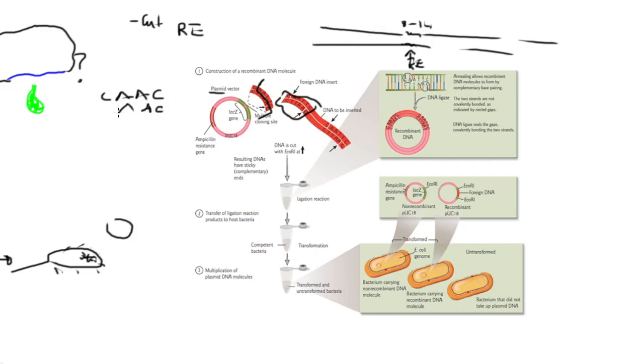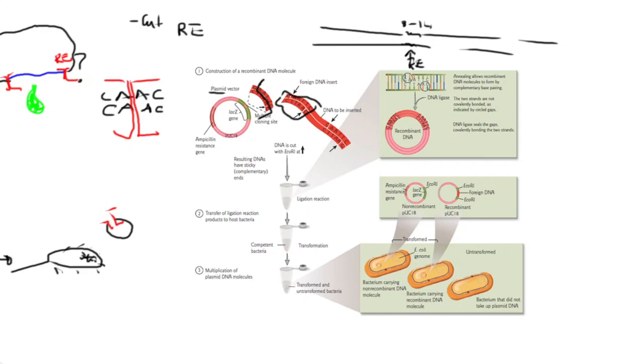Once you have a sequence like this, it could also perform what we know as a blunt cut like this. But at the end of it, what we need to have is ideally the same type of restriction enzyme and the same type of cut on the DNA and on the vector as well.